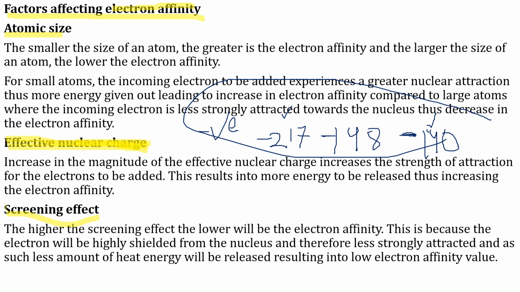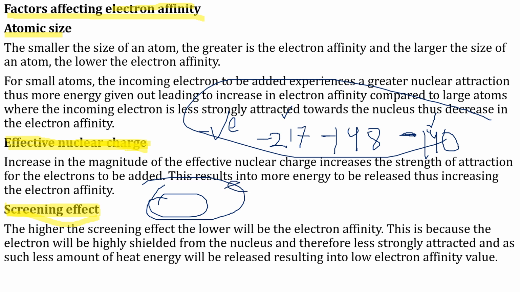If you look at the next factor, we have screening effect. For the case of screening effect, the higher the screening effect, the lower the electron affinity. Now screening effect, as I explained earlier, is the force that is being exerted by inner electrons onto the outermost electrons.